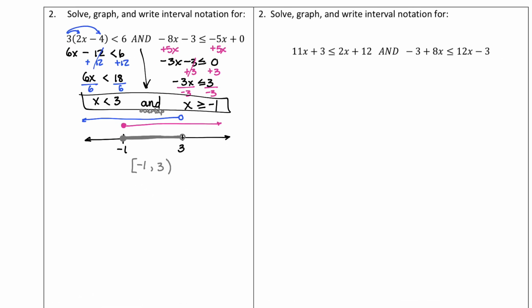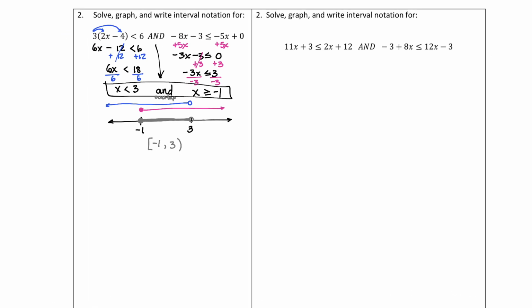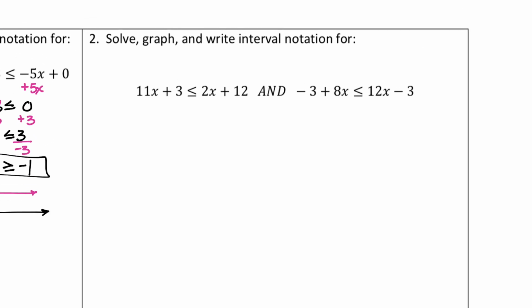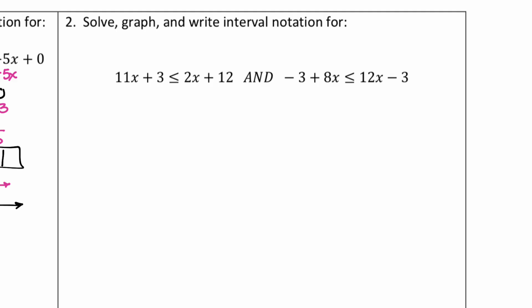This one's yours. See what you can do with it. Okay? Pause it, do it, and come back. Okay, I'm going to zoom in on yours now. And left side, I'm going to move the variable to the left.